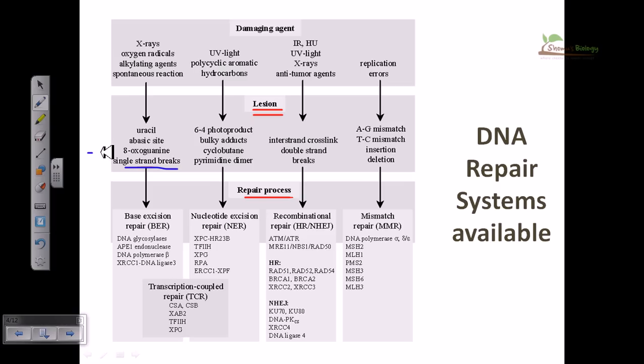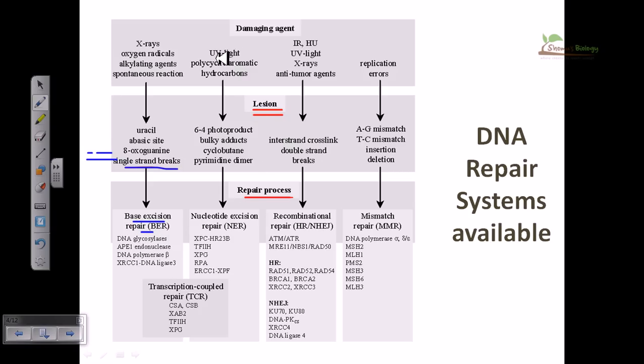That means we have this DNA, and one strand is intact and another strand has a nick in between the strand. It is called a single stranded break of a DNA. Now this kind of break will be repaired by a system called base excision repair system. Now in this base excision repair system, what happens we will see in our future slides.